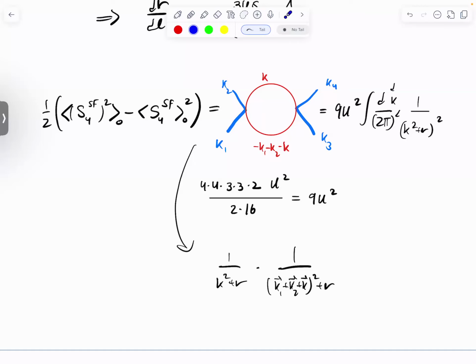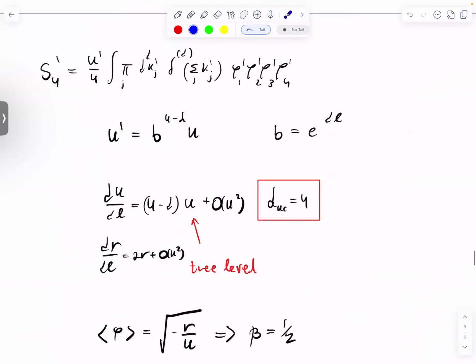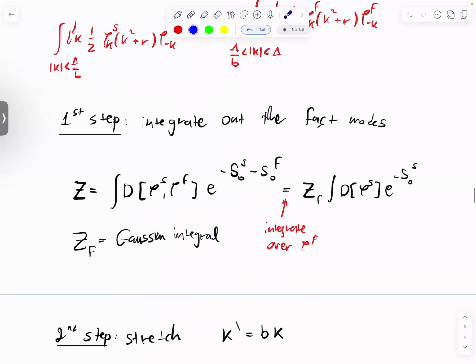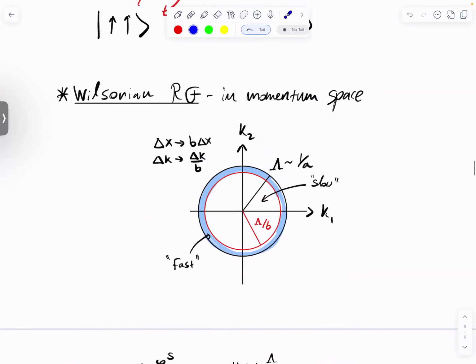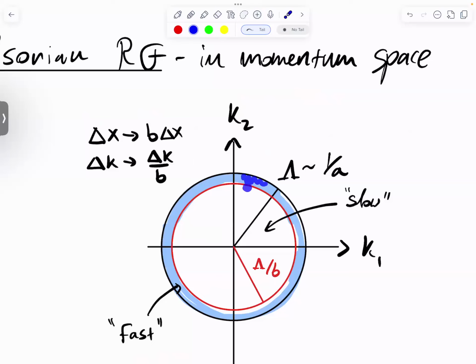Actually, what Joseph said is more accurate. But let me first make my argument that this K is big, and these K's are small. Now, this is not an accurate statement because this fast shell really reaches the slow mode. So if I'm thinking about momentum here and momentum here, they're actually pretty close. But then comes Joseph's argument.